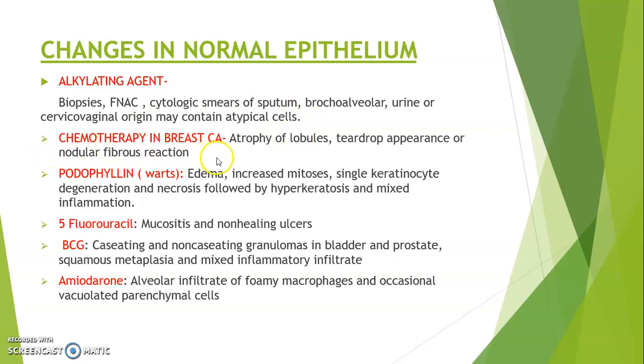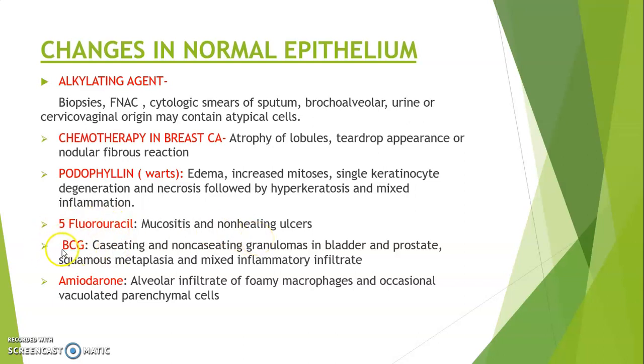After chemotherapy in breast carcinoma, the normal tissue shows atrophy of lobules, teardrop appearance and normal fibrous reaction. If we use podophyllin, it will cause edema, increased mitosis, single keratinocyte degeneration and necrosis, followed by hyperkeratosis and mixed inflammation.